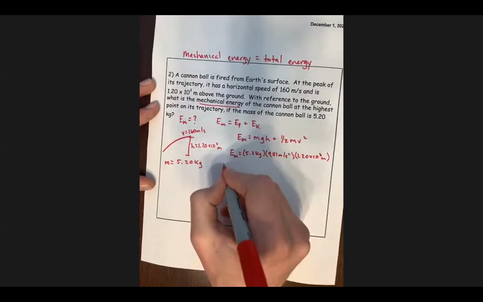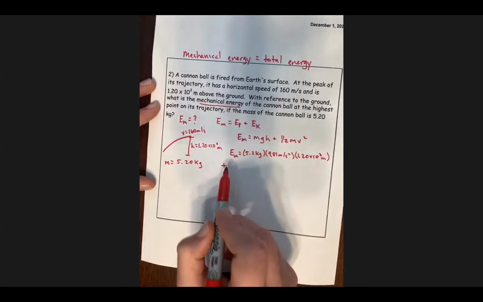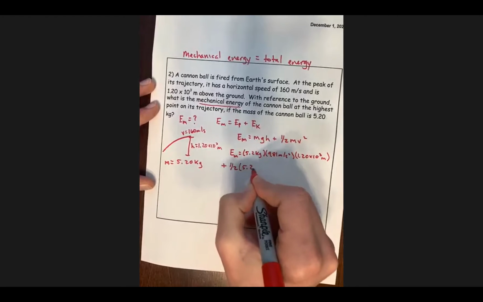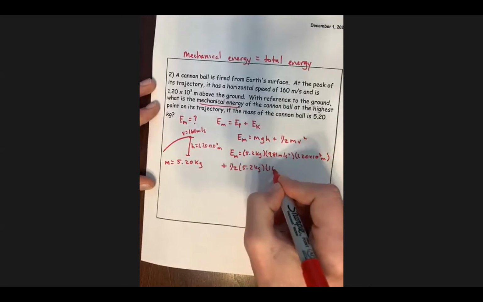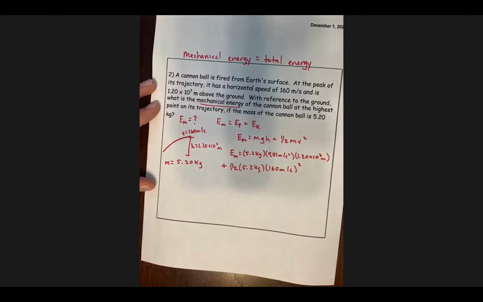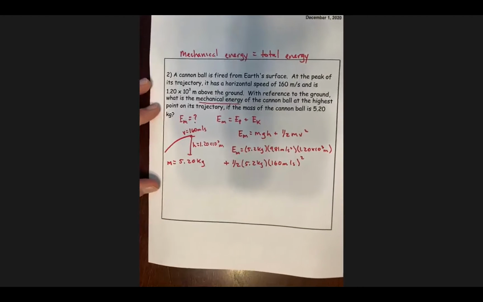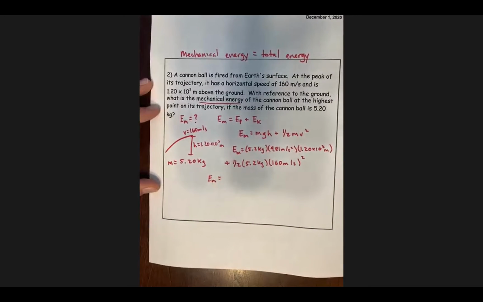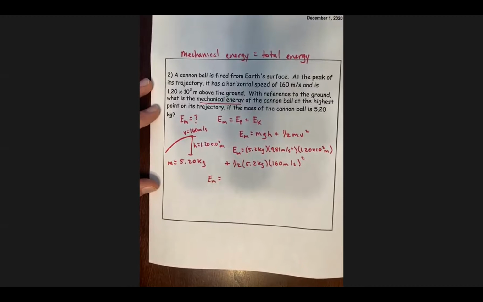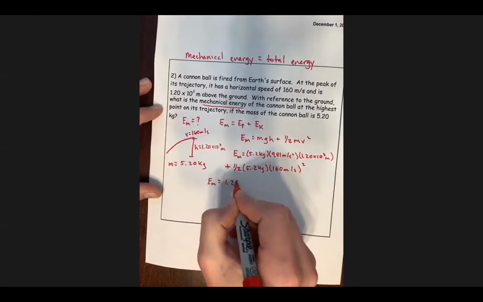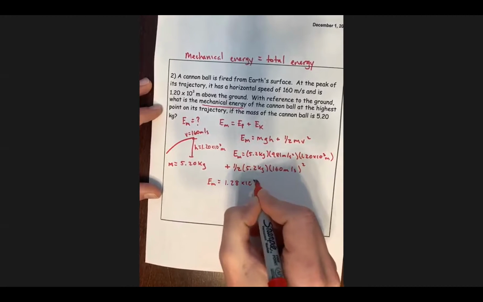I'm running out of space here, so I'm just going to add down here. Plus 1/2 multiplied by the mass, 5.2 kilograms, multiplied by the velocity squared, so 160 meters per second squared. If we punch this into our calculator, we should get a value with correct sig digs of 1.28 times 10 to the 5 joules.